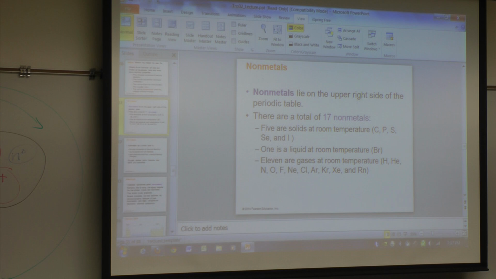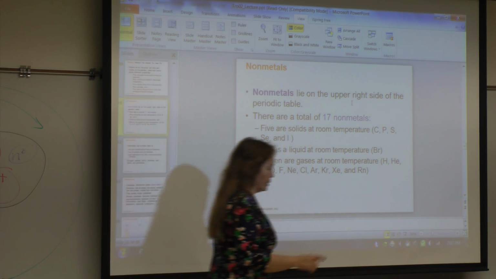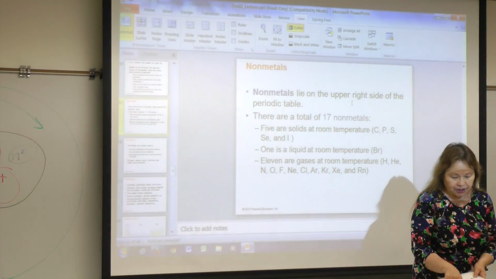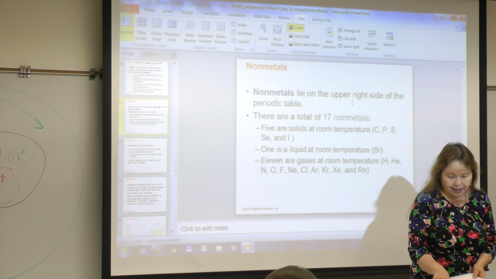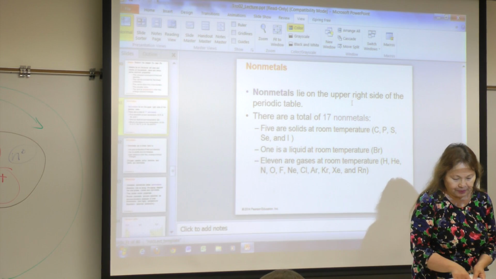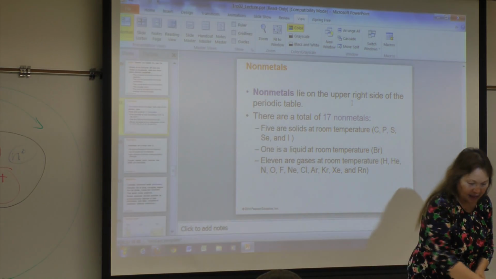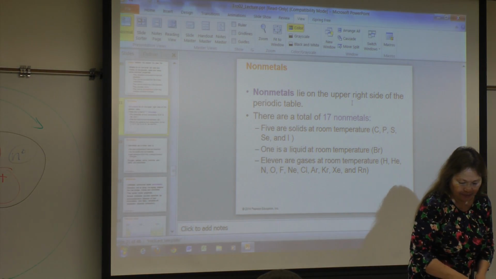And nonmetals are on the upper right-hand side: oxygen, nitrogen, carbon, fluorine, neon. These are the gases, and these are the halogens.